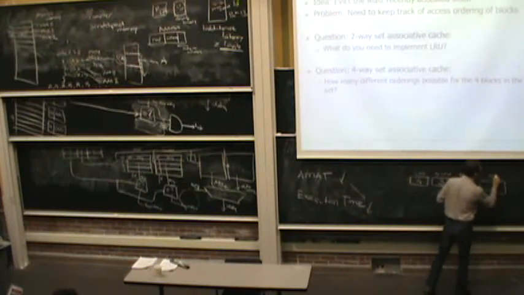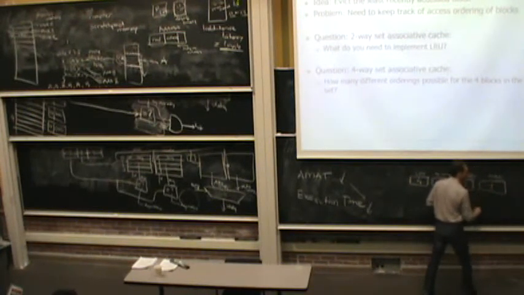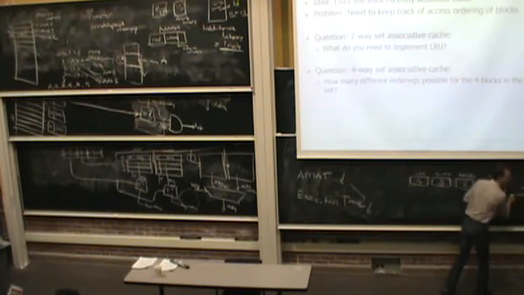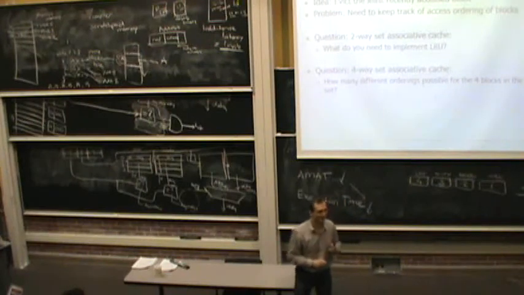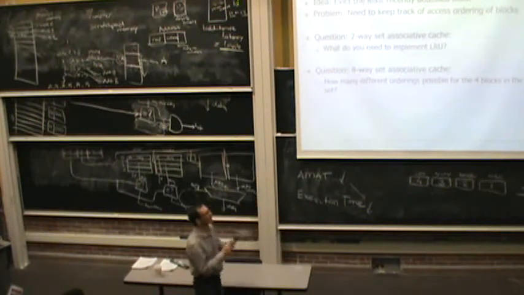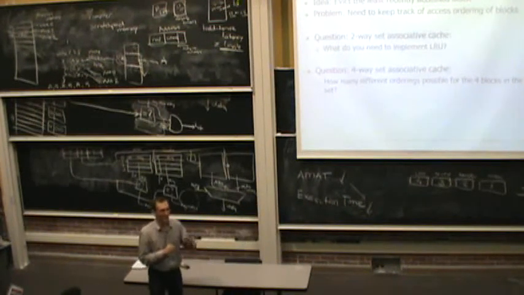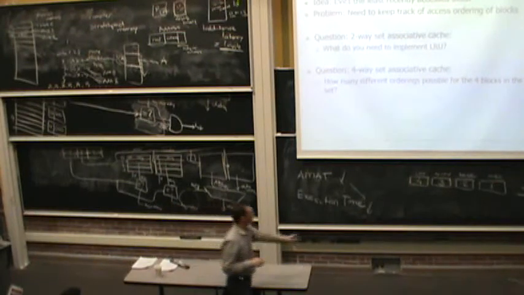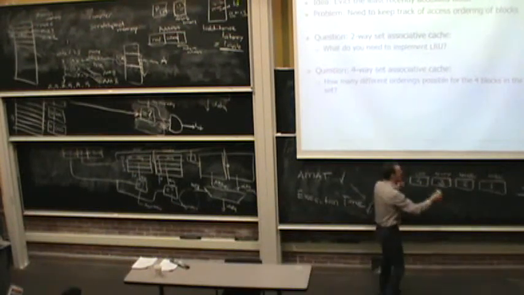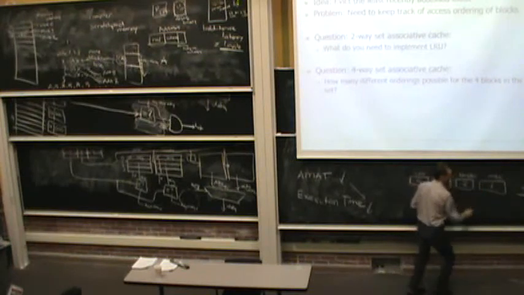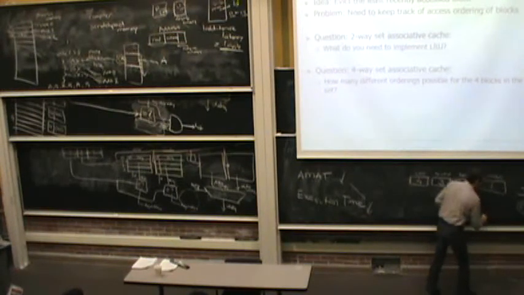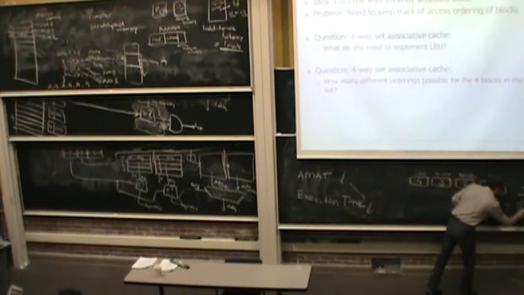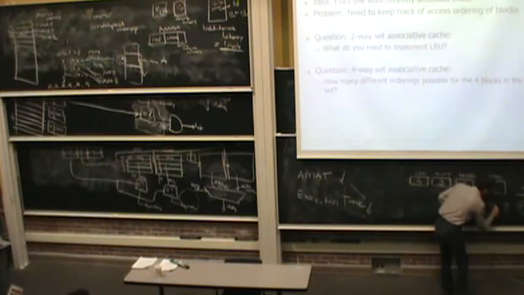And then you can have only 1 thing that's most recently used. So it's really 4 factorial different orderings. Is it 6 bits? 4, 3, 5 bits. To encode which ordering you have among these 4 blocks, you need to encode 24 possible orderings, which means that the minimum number of bits you need is really 5, which is log 2 of 24.